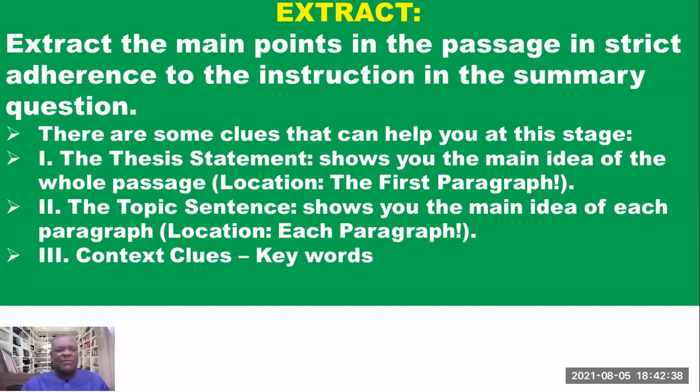Now, in a situation where the paragraphs of the passage are not professionally organized, and sometimes you find the writer even lumping 2 main ideas in one sentence or even more, you need to use some clues that we call context clues. In this case, you use the keywords.